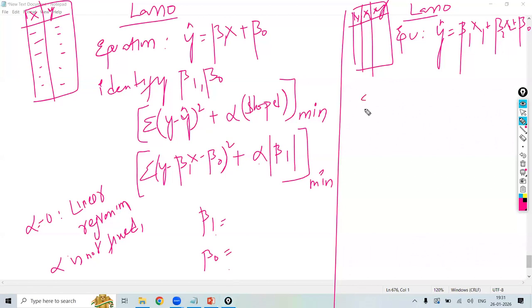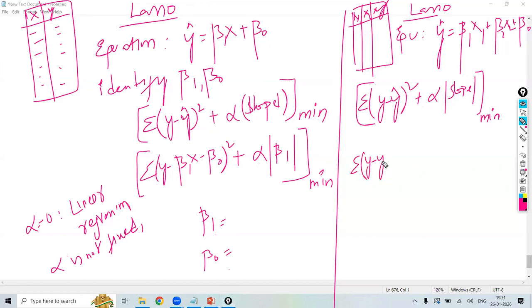So here, the sum of the squares of error plus alpha into modulus of slope to be minimum. But here, how many slopes are there? Two slopes are there.